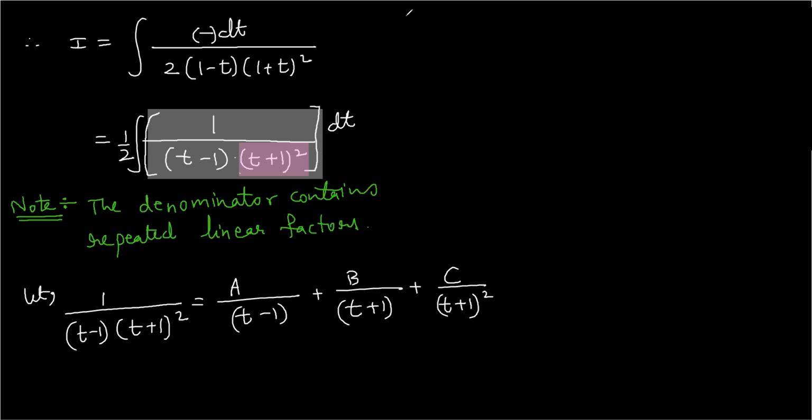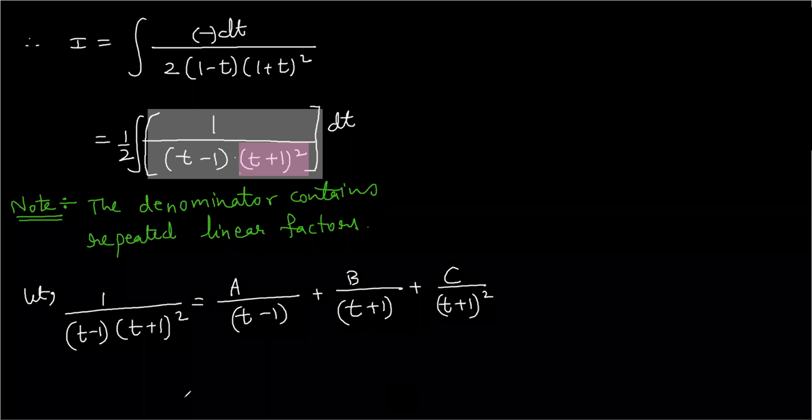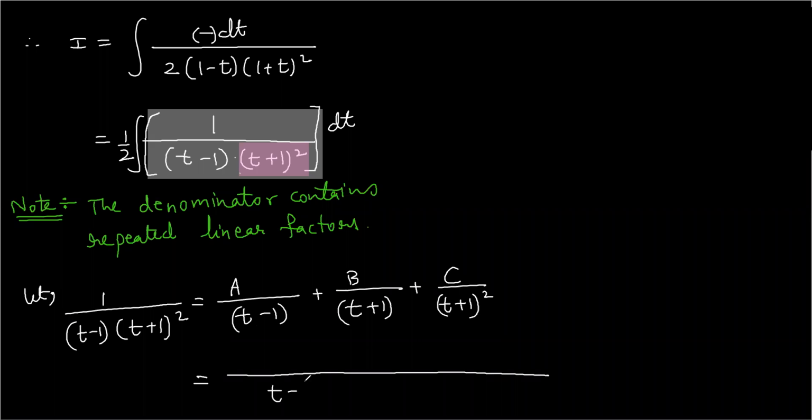Let's go ahead now. The next thing I do is take the LCM. The LCM of the denominators will be t minus 1 and t plus 1 square.